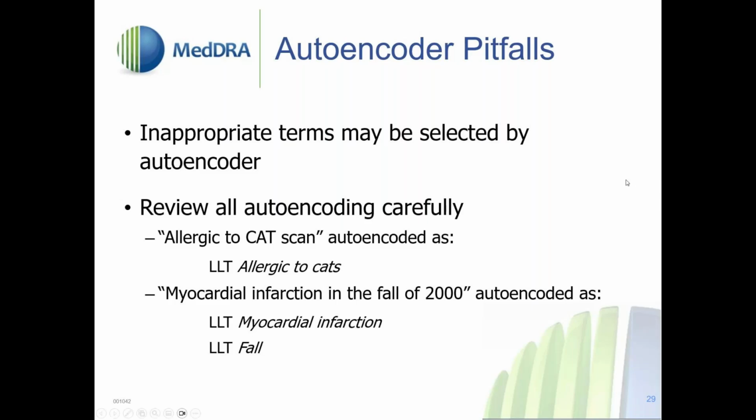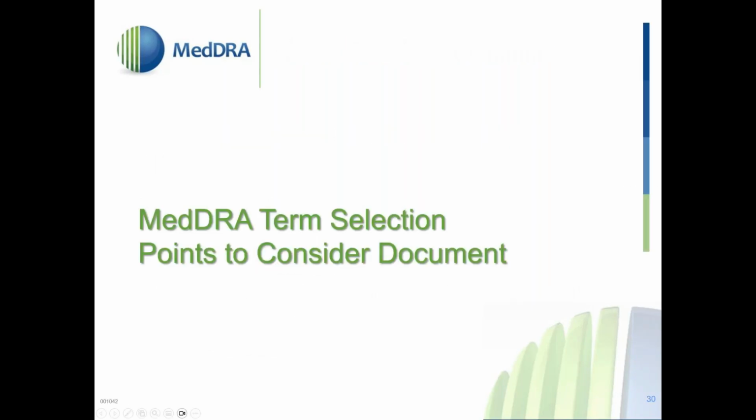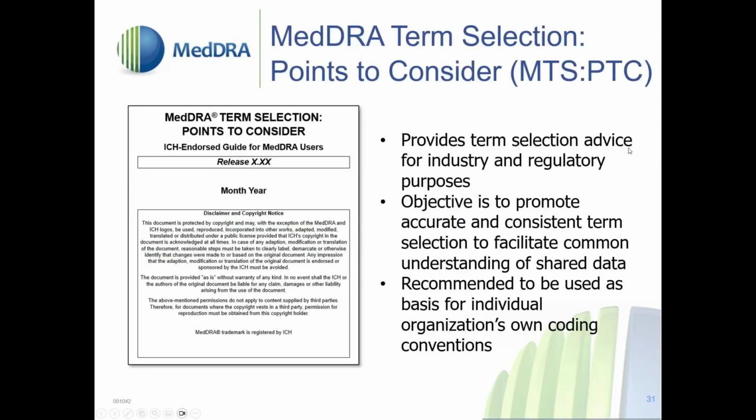So ICH has understood that there is a need for coding guidelines on a global scale, and ICH has provided an ICH endorsed coding guideline encompassing coding guidelines for industry and regulatory purposes, and it's titled MedDRA Term Selection: Points to Consider.